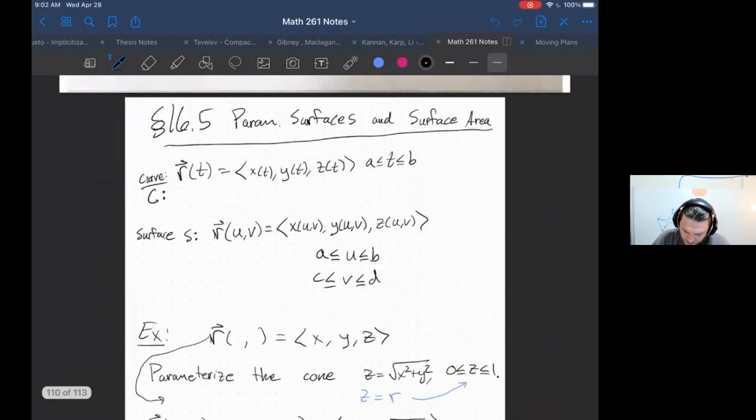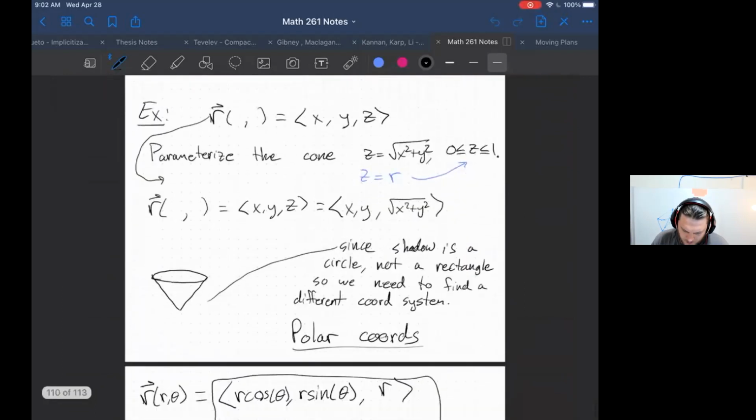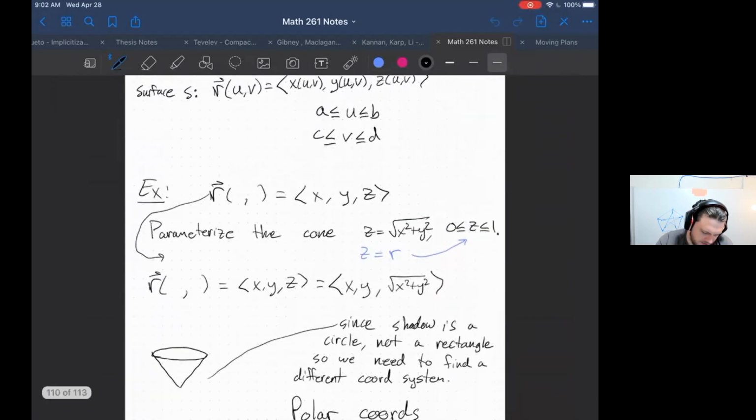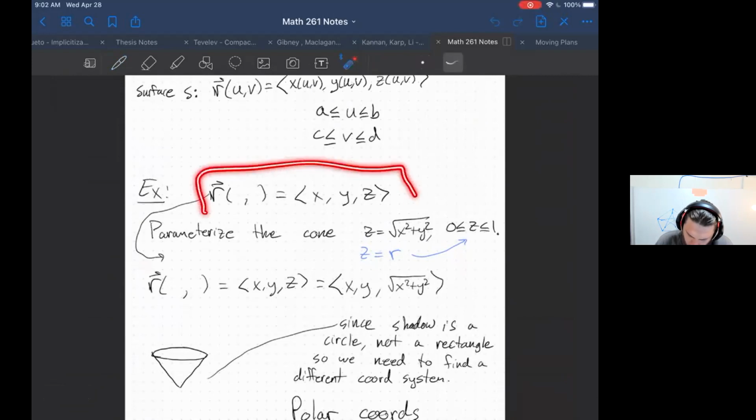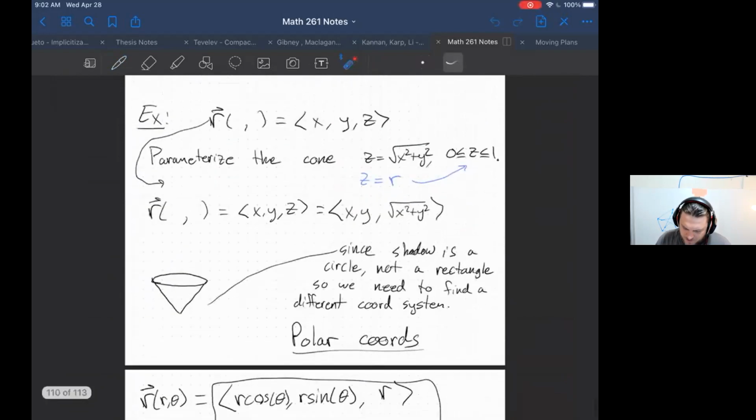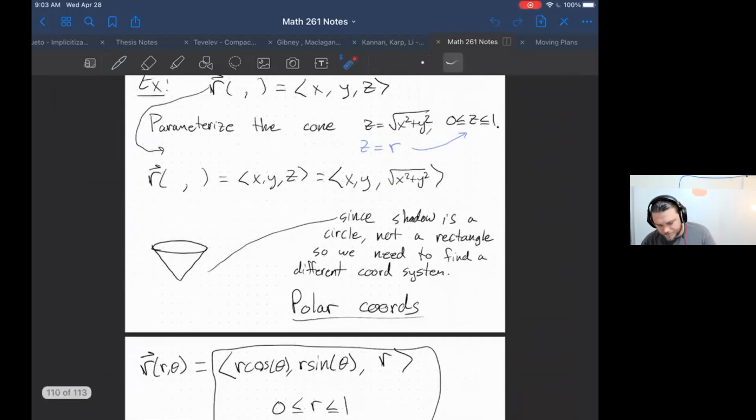And then we got into parameterizations of surfaces and surface area. So parameterizing surfaces, again, the idea, and we're going to go over it a little bit more today, is you always want to start off with some r of blank blank equal to xyz, and then use whatever you're given about the problem to help you narrow it down to two variables, and narrow it down even from there, right?